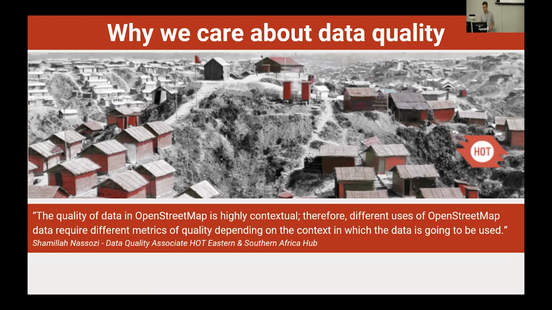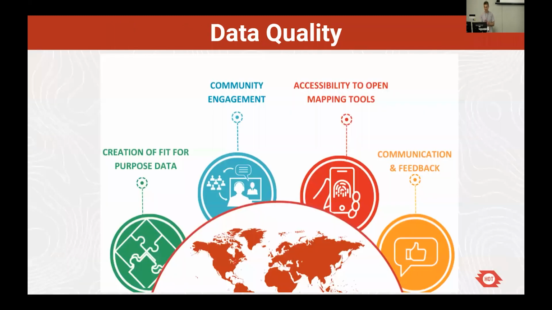Regardless, we're trying to build out the best quality data possible. So we did some workshops and came up with different themes. We need to create data that's fit for purpose. HOT can't do this alone, so we've got to engage the community. They're very important. They're the ones who are creating the data.